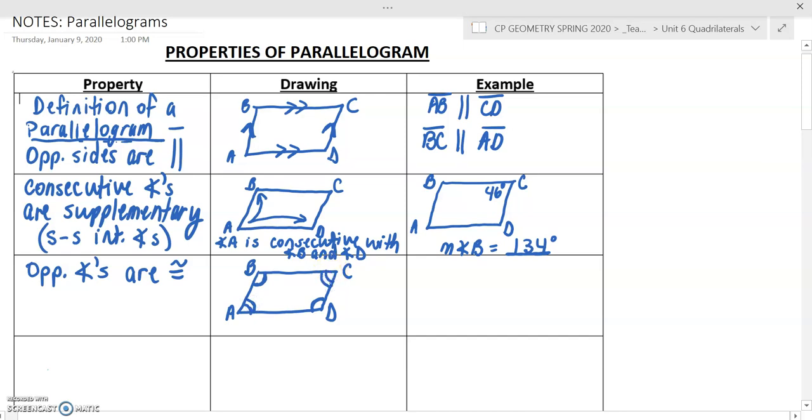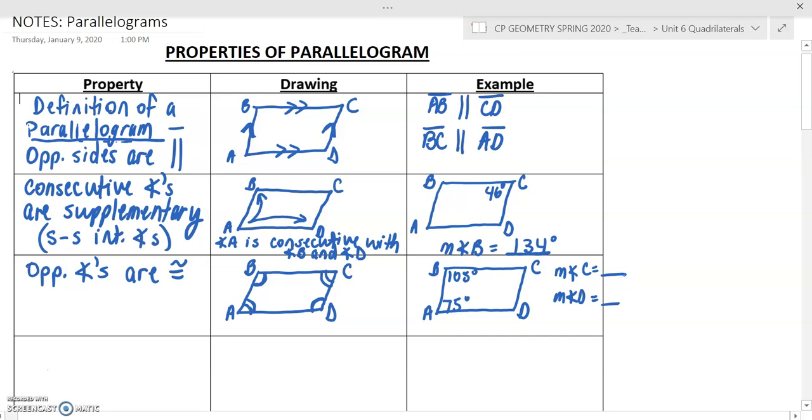Okay, so let's look at an example for this. Again, draw myself a parallelogram. Put the same vertices in, A, B, C, D. If angle B is 105 degrees and angle A is 75 degrees, then we could find the measure of angle C and the measure of angle D. I know that opposite angles are congruent.